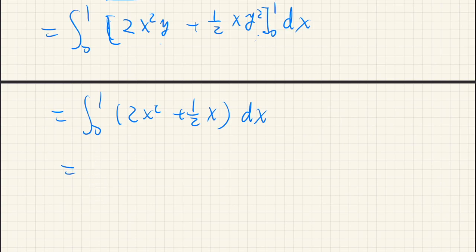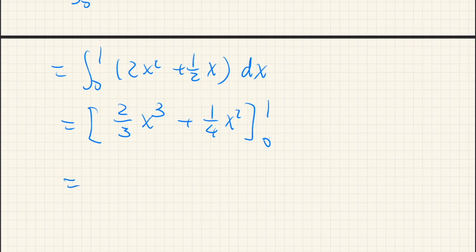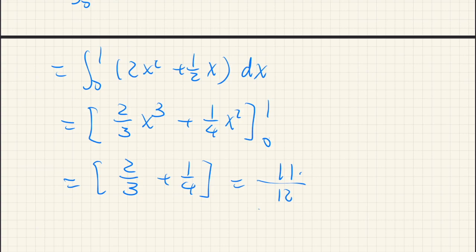That is 2 over 3 x cubed plus 1 over 4 x squared, from 0 to 1. And that is 2 over 3 plus 1 over 4, which is, what is it, 12. 8 plus 3 is 11, so it is 11 over 12.